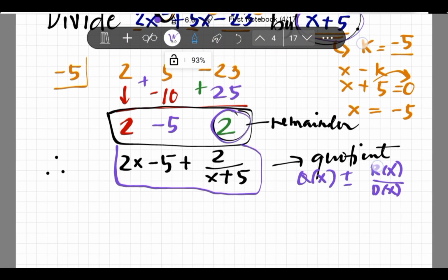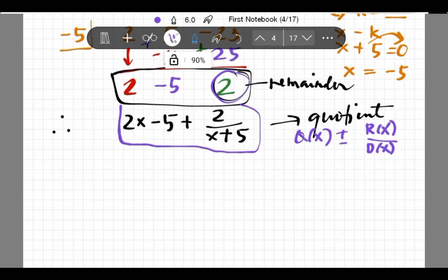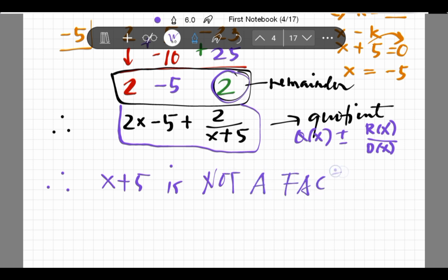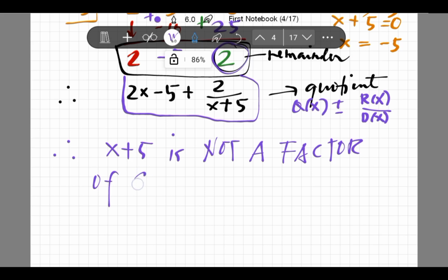In addition to this, I want also to inform you that if there is a remainder, therefore, the divisor x plus 5 is not a factor. Not a factor of the given dividend, 2x squared minus 5x minus 23.